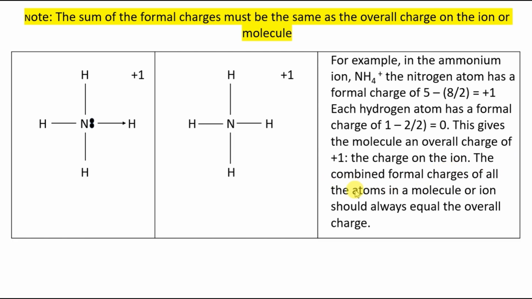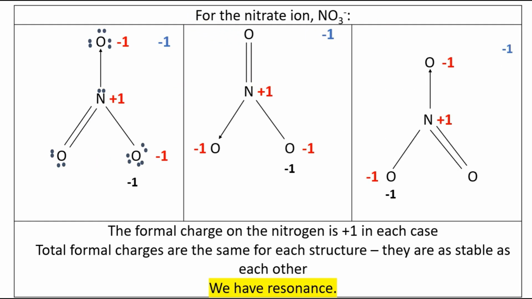The combined formal charges of all the atoms in a molecule or ion should always equal the overall charge. For the nitrate ion, NO3-, again, nitrogen, group 15, shown as making a double bond with 1 oxygen atom, a single bond with the second oxygen atom, and a dative bond to a third. Nitrogen, beginning with 5 valence electrons, now has a half share in 4 pairs, formal charge shown in red, plus 1.